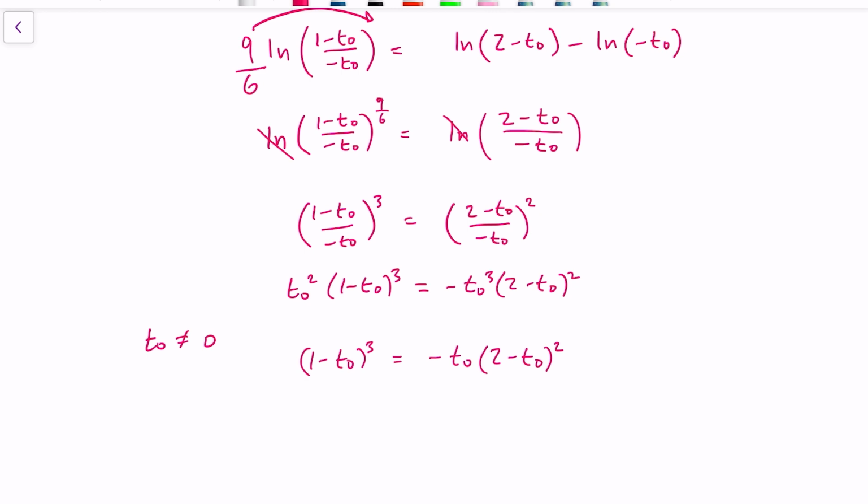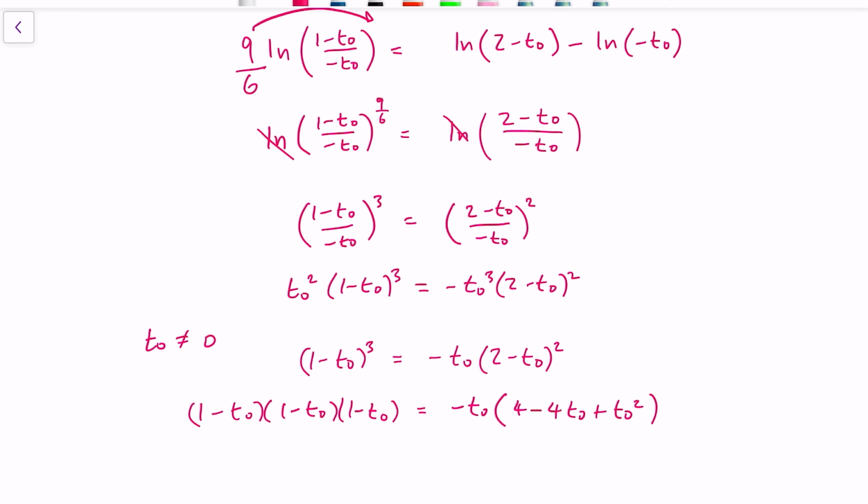Now it is a cubic equation here that I need to solve, so I expand out the cubic. (1 minus T naught) cubed is (1 minus T naught)(1 minus T naught)(1 minus T naught), or I could use binomial theorem. And then this one is 4 minus 4 T naught plus T naught squared.